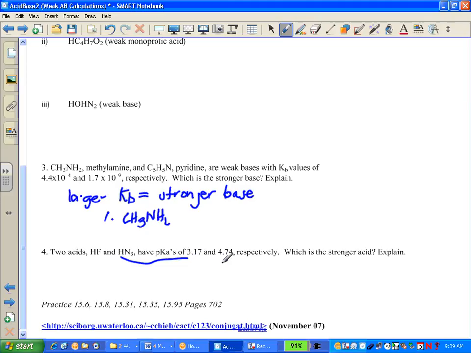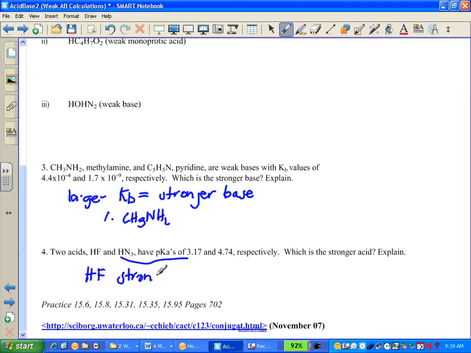If at any point you're unsure and you can't remember the rule or you're forgetting for some reason, you could just simply convert both of these to their Ka values by taking 10 to the minus 3.17 and 10 to the minus 4.74. And you'll see that HF is the stronger acid.